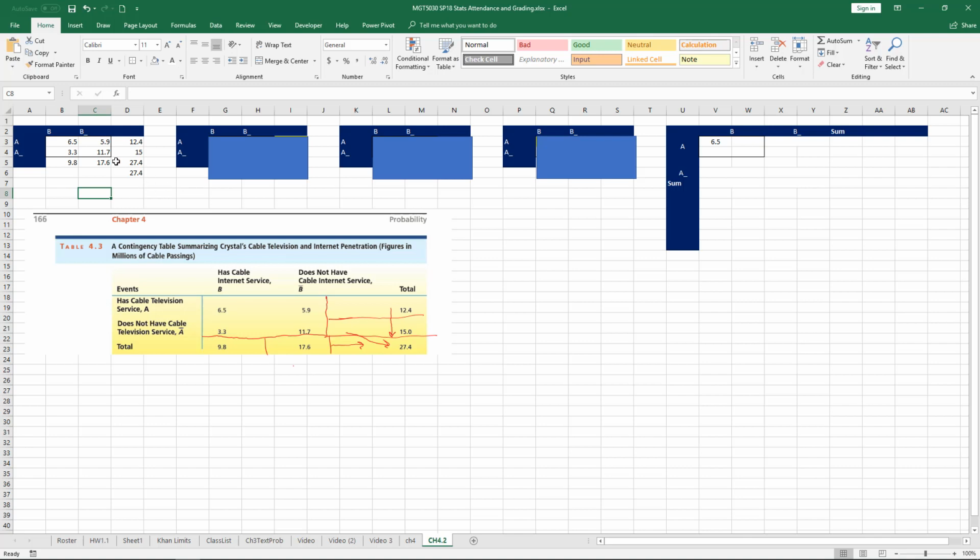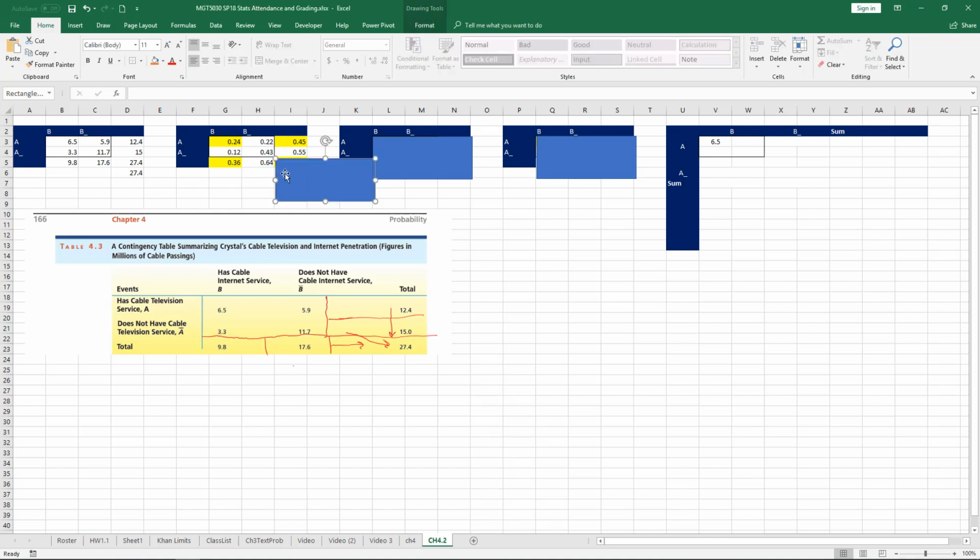Okay, so what we do with this is we can immediately do some simple calculations and ask, what's the probability of any one of these quadrants and even the sum rows? What's the probability along these different dimensions, if you will? So there's a 24% chance that a customer will have both TV and internet.